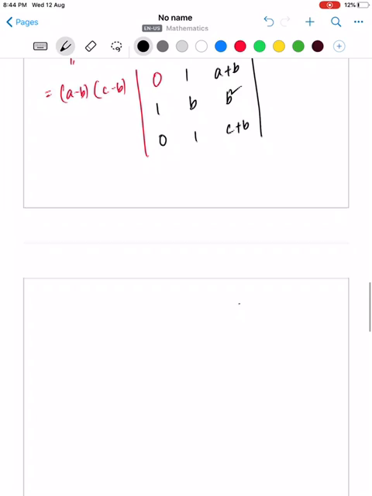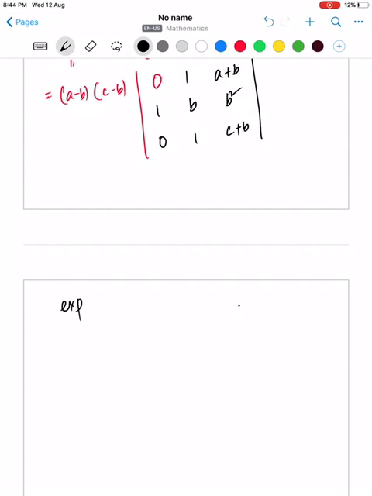So expanding along C1, first I will write A minus B, C minus B. If we expand along C1, what do you get?